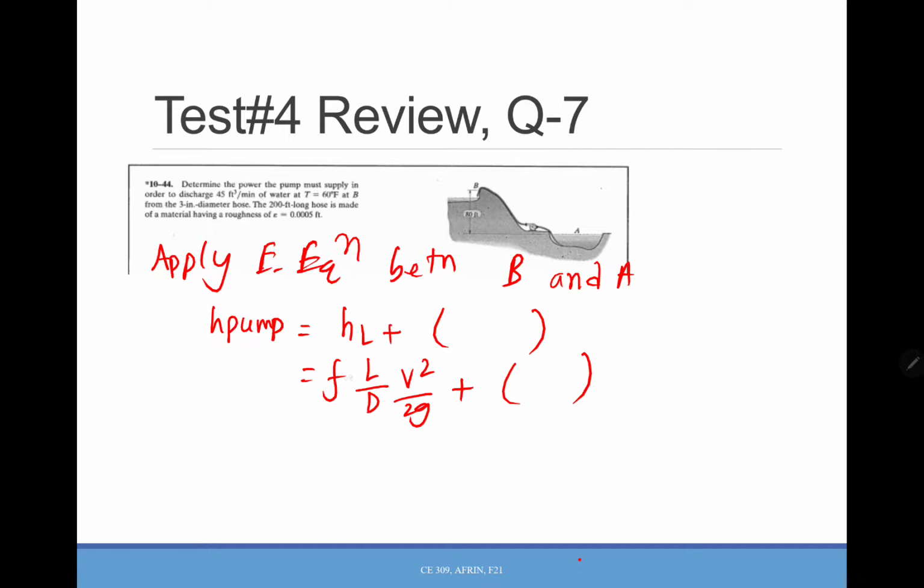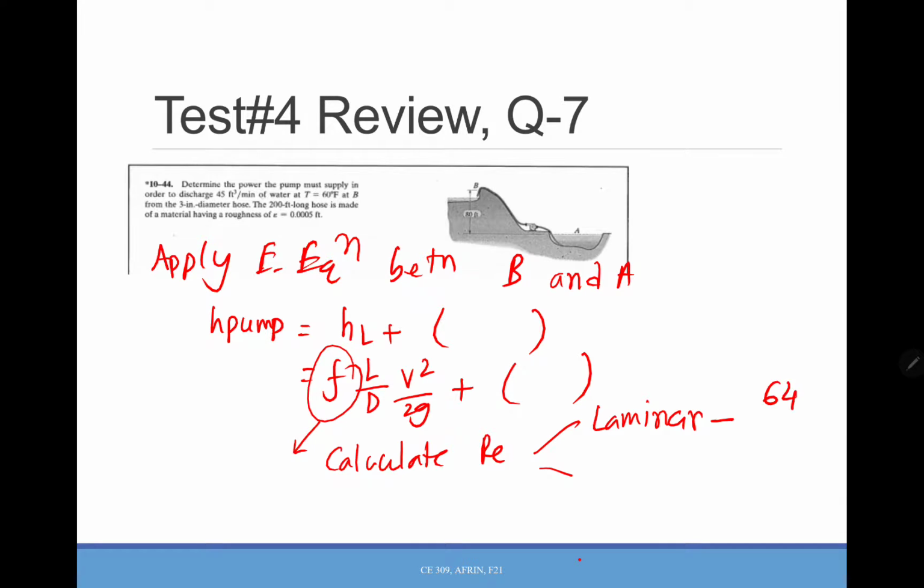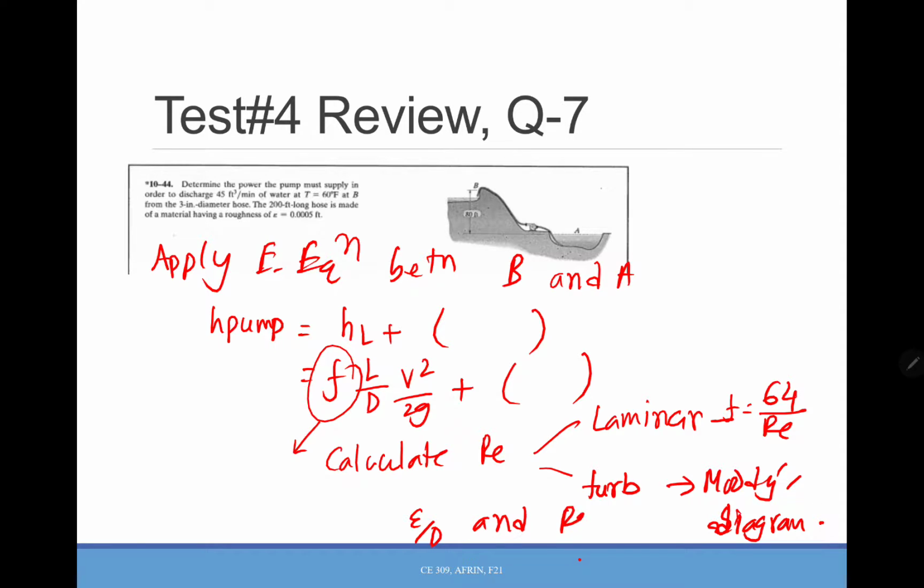Now you will see you don't know the f, so calculate the Reynolds number to see if it's laminar; if it's turbulent you need to use the Moody's diagram. So for Moody's diagram, you need epsilon over D and Reynolds number.